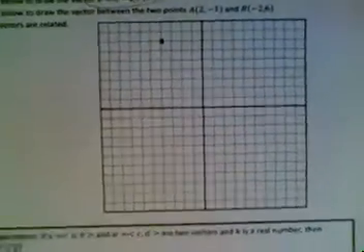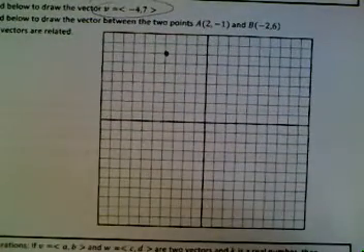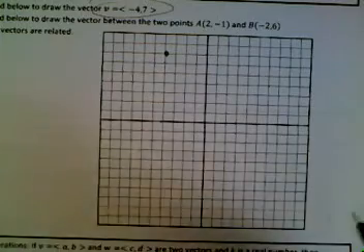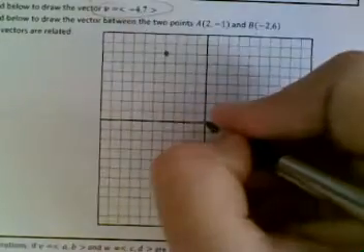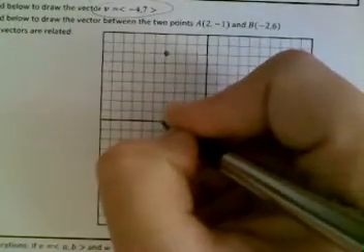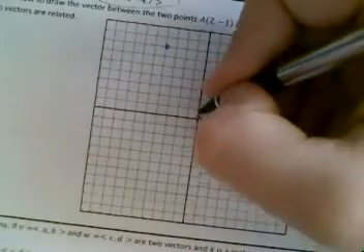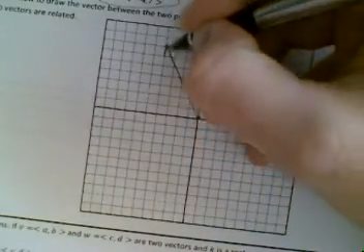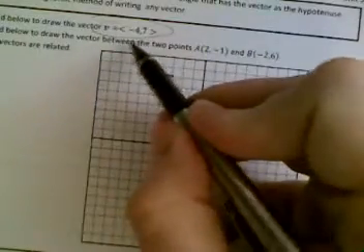The answer is no, as long as I have the appropriate length and the appropriate direction. In this case, this vector is denoted as negative 4 units of x, positive 7 units of y, and I draw the line as straight as I can. That vector, make sure you put the arrow on the end of it, is the vector negative 4, 7.